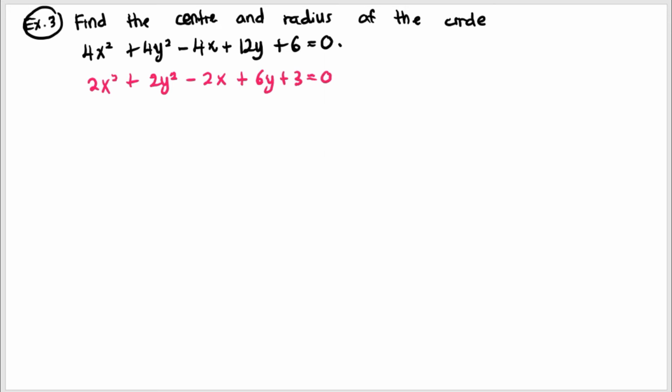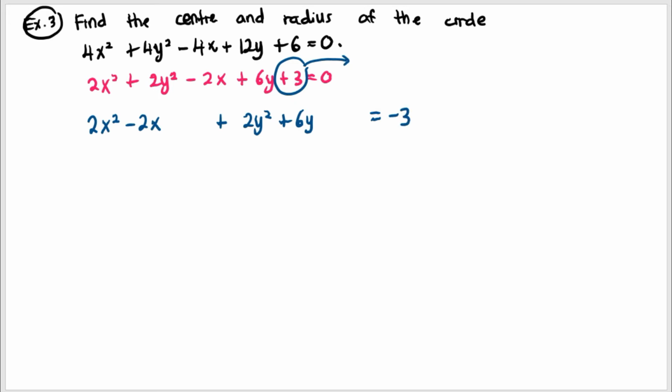Again, you have to collect the x terms together, so I have 2x squared minus 2x. Then I put the y terms together: 2y squared plus 6y, and I bring the positive 3 to the right, so it becomes negative 3.